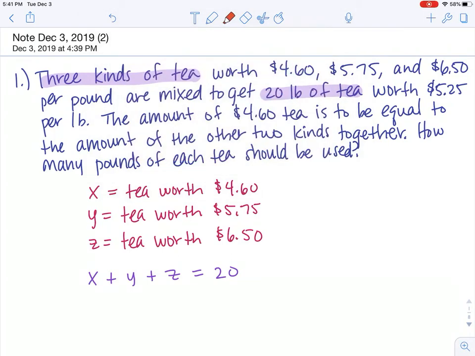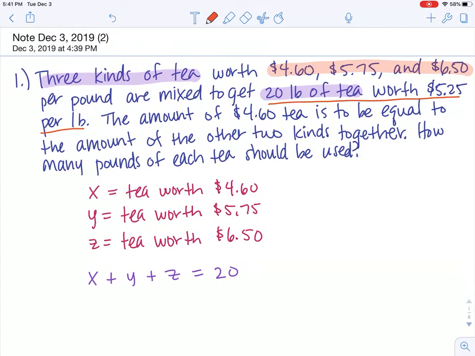Then we're told that each tea has a price. So we have 4.60, 5.75, 6.50. And we see here that this 20 pounds of tea comes together to be worth $5.25 per pound.